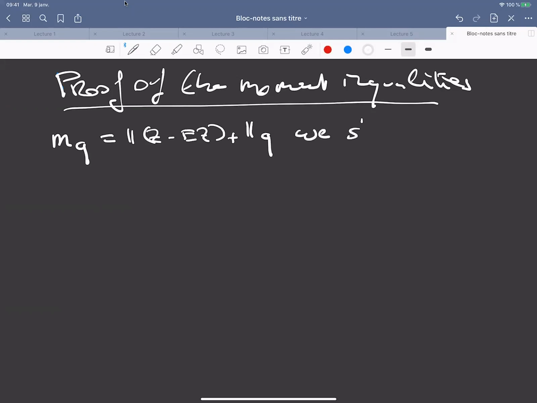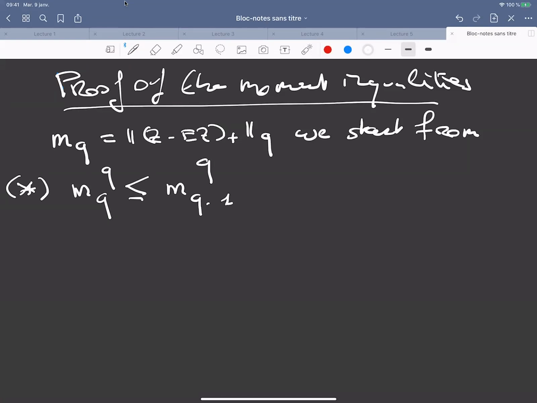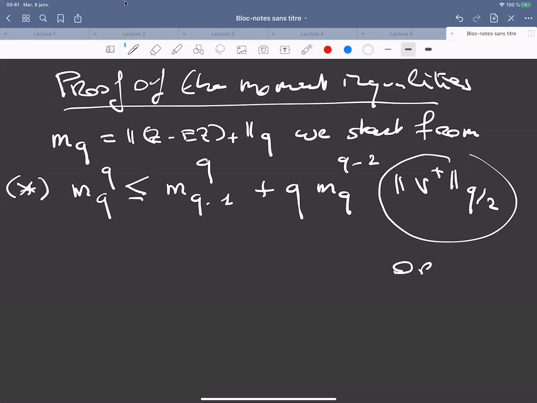And we start from an inequality that I shall denote by star as usual, and which says that nq to the power q is less than nq minus 1 to the power q plus q times nq to the power nq minus 2 v plus q over 2, or v q over 2.